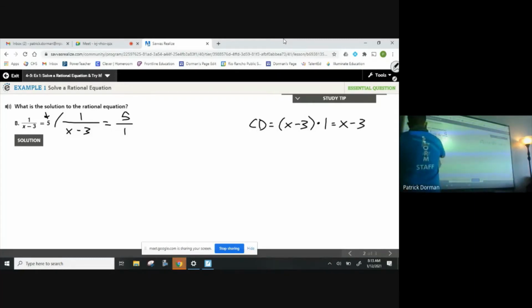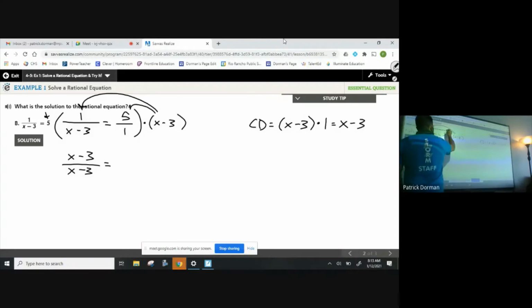So my method is I'm going to multiply everything by x minus 3. When I multiply that term by x minus 3, I wind up with x minus 3 over x minus 3. And when I multiply that term, I wind up with 5 times x minus 3 over 1.